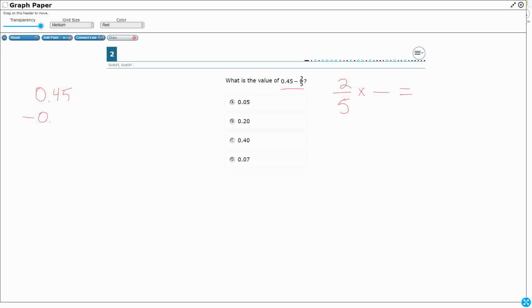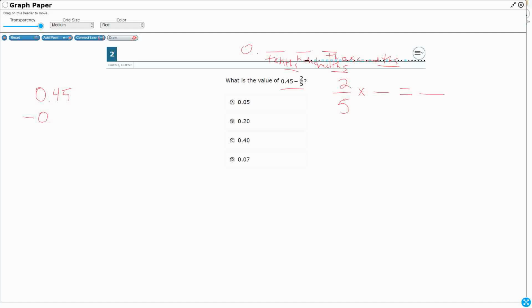Because if I can, now I'm dealing with my first three spots in our decimal place value chart: tenths, hundredths, and then thousandths. So if I can change my denominator into tens, hundreds, or thousands, then I can place them into those tenths, hundredths, or thousandths, right?